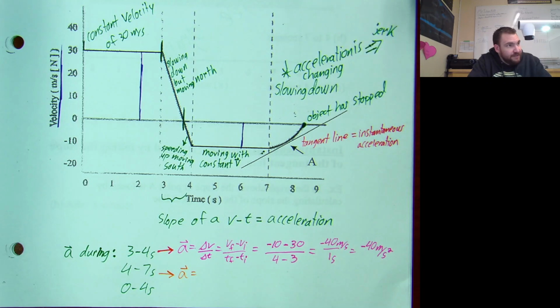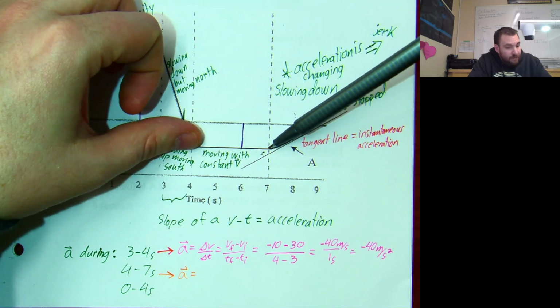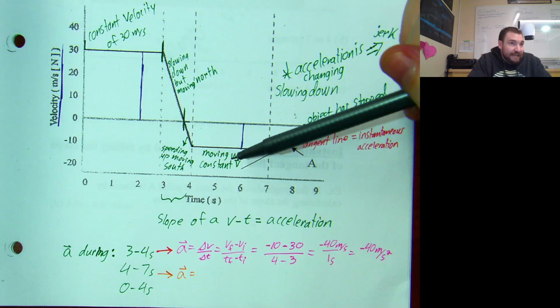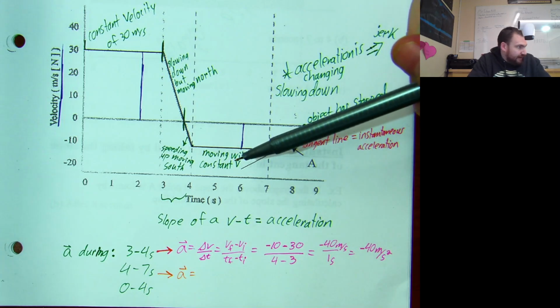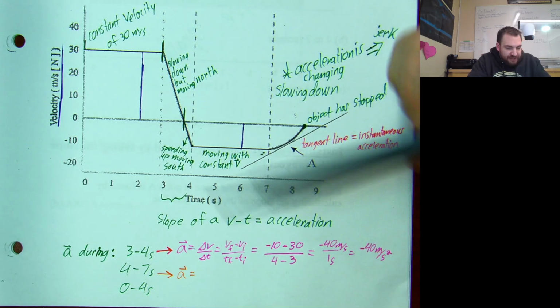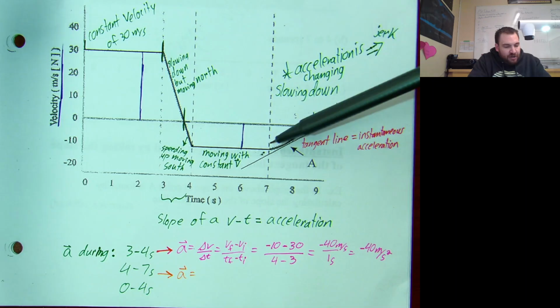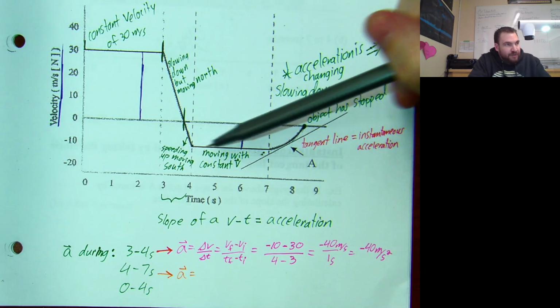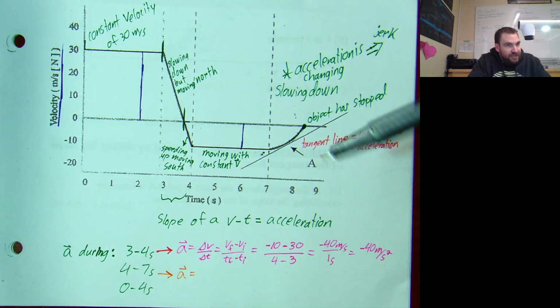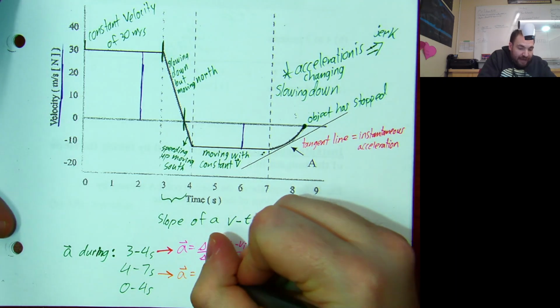Is it 0? Why is it 0? We already talked about this. Someone has already said that at this stage my velocity hasn't changed. It's moving with constant velocity, which means my acceleration must be 0.